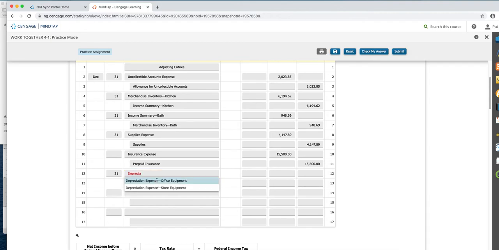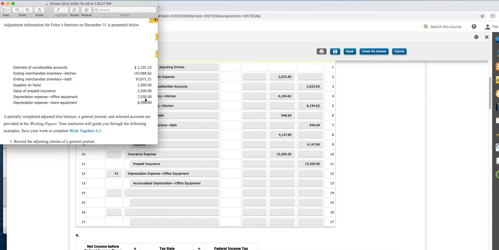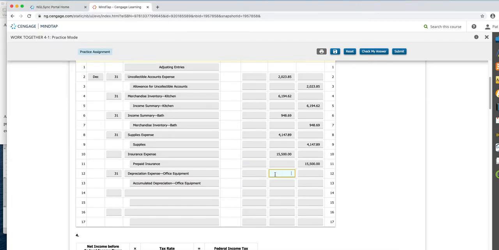Depreciation, I think office was first. Depreciation expense first, accumulated depreciation office. And it's for that number, 7,250. So they give it to us. We debit the expense and credit accumulated depreciation.